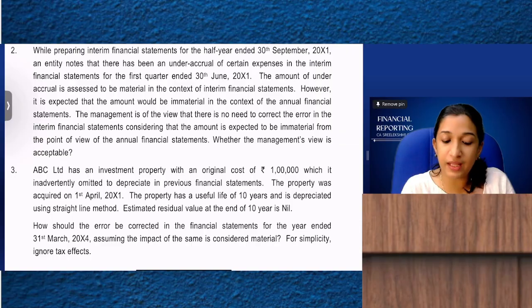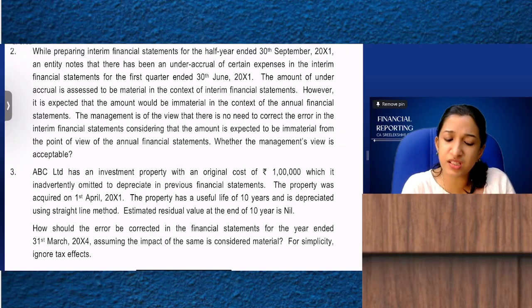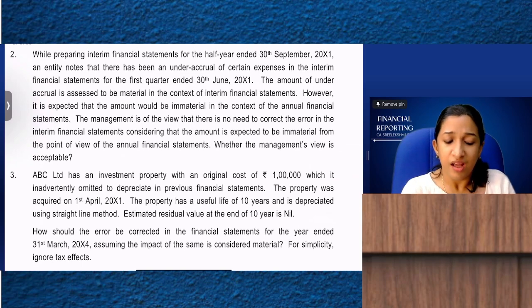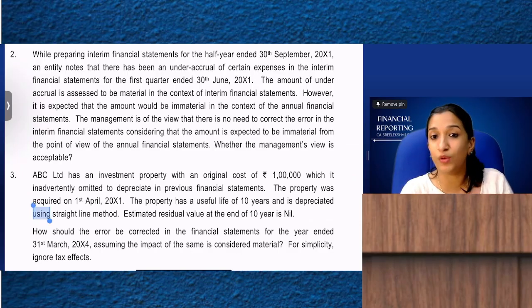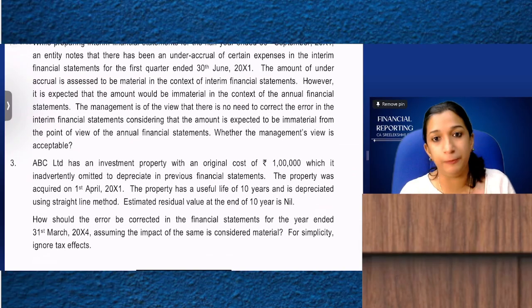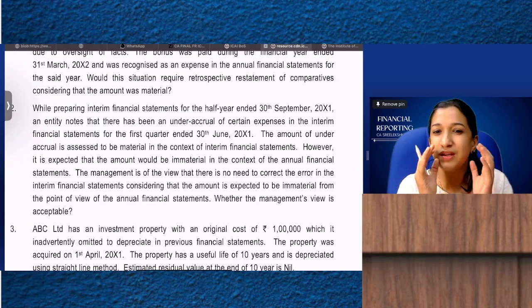However, it is expected that the amount would be immaterial in the context of AFS. Management is of the view that there is no need to correct the error in the IFR or interim financial statements, considering the amount is expected to be immaterial from the point of view of annual financial statements. Whether management's view is acceptable? What is given in the standard?